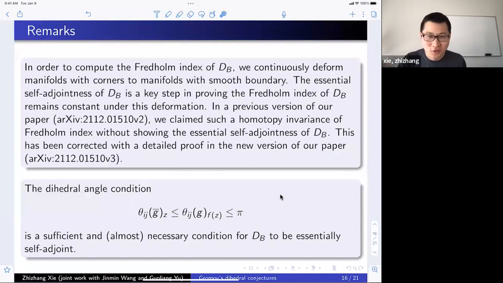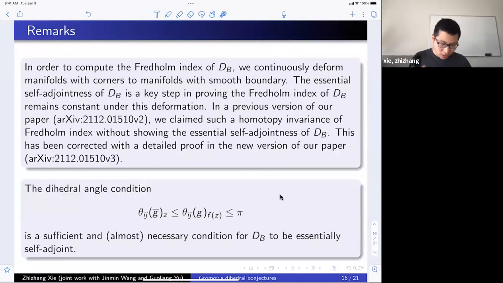We now have all the details showing the essential self-adjointness of the operator, and also how this essential self-adjointness allows us to change the operator or the manifold while keeping the index the same.